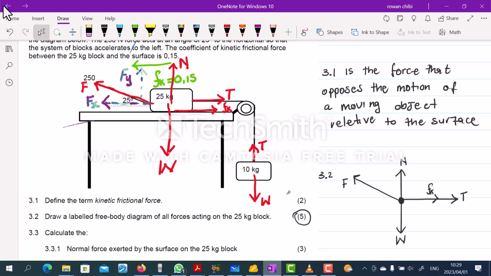So these are your 5 forces that are acting on that object, and you will get your 5 marks for the 5 forces.